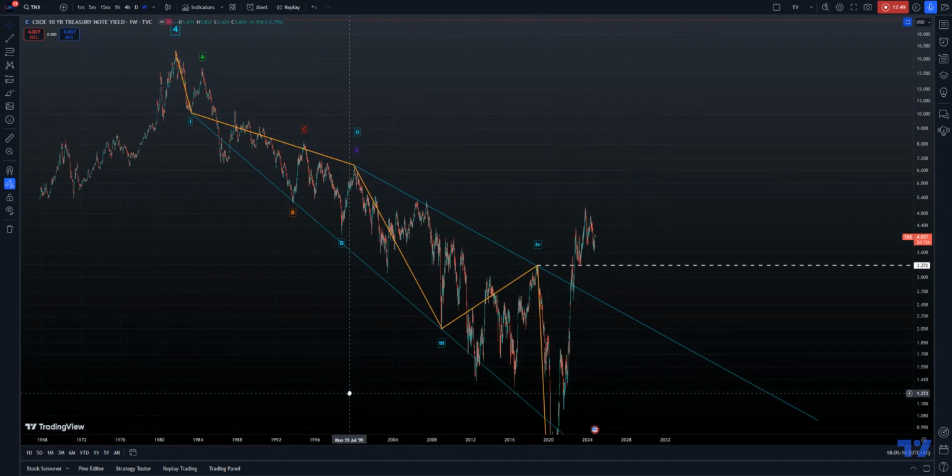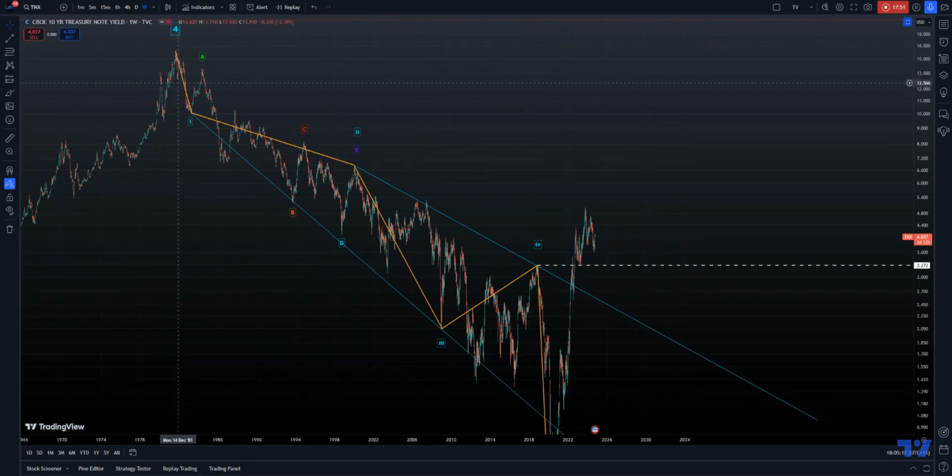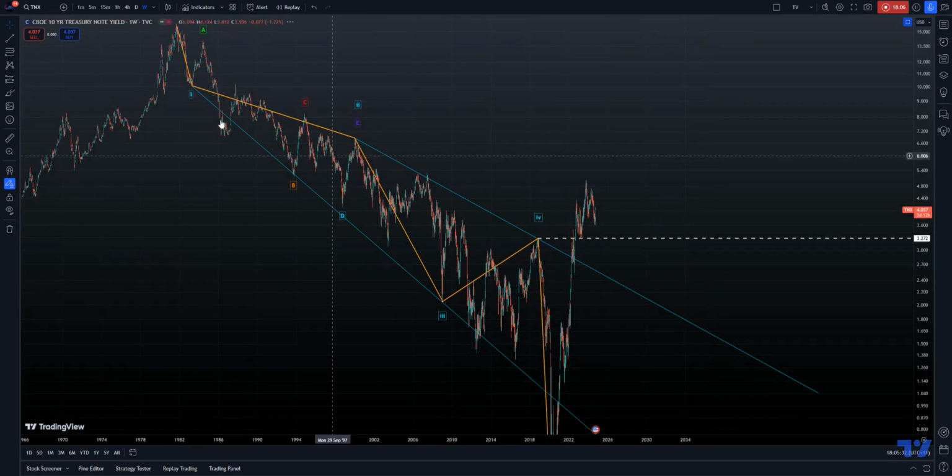So the way that I count that is 1, A, B, C, D, E for 2. 1, 2, 3, and then A, B, C, D, E for 4. And mind you, these are zigzags. So it's a weak ending to a move, which results in zigzags.